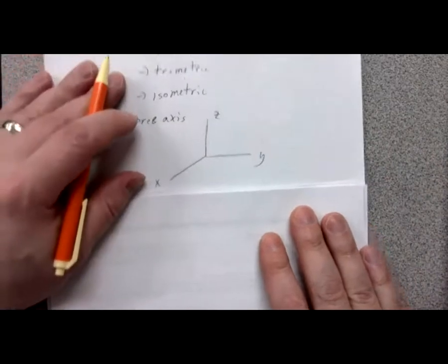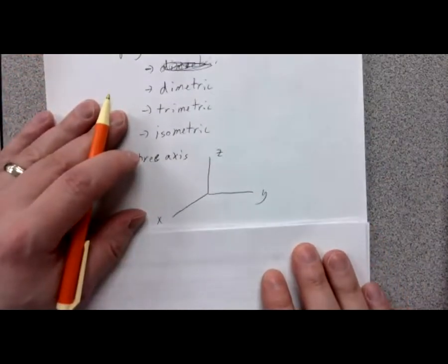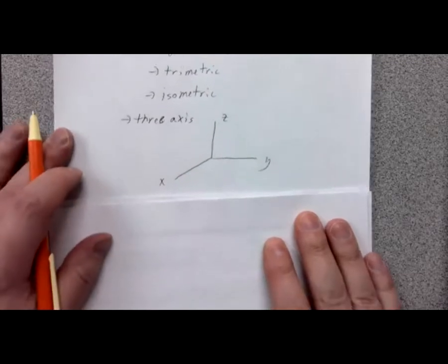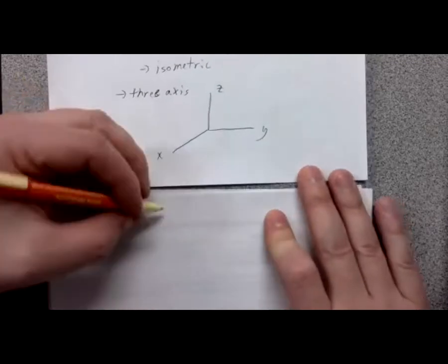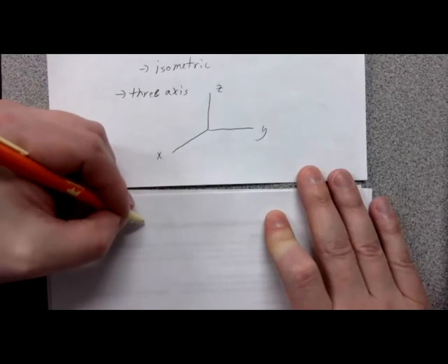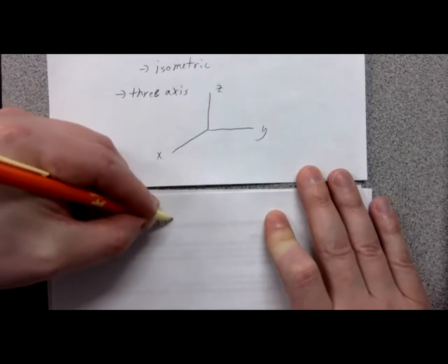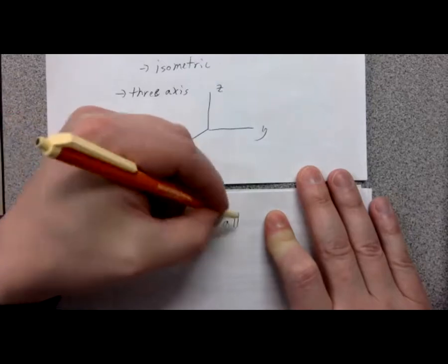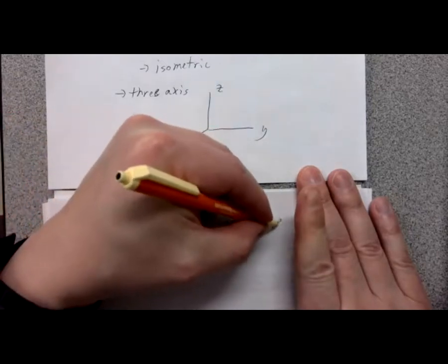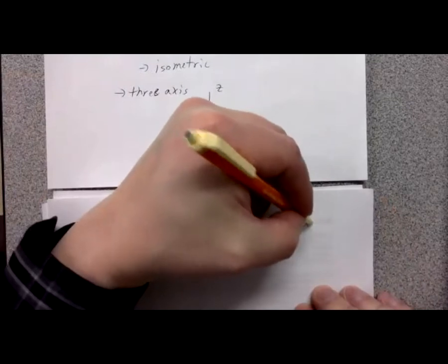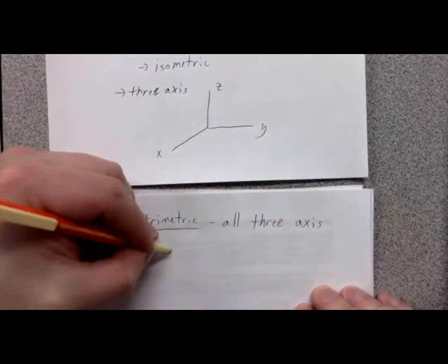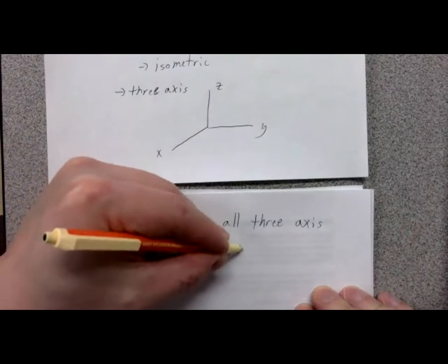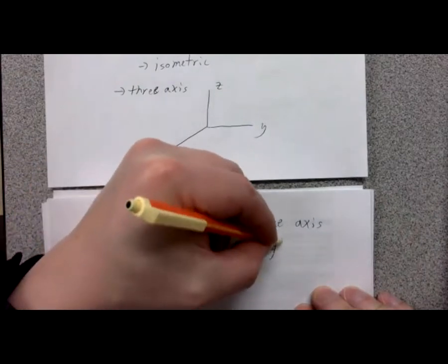We mentioned there's dimetric, trimetric, and isometric. They're all describing how these three axes interact. If it's trimetric, that is where all three axes are at different angles.